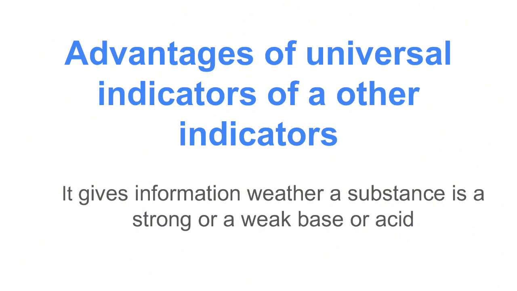You see, the solution will show a certain color when you put the universal indicator in it. So you are able to tell whether whatever you are checking is a strong acid, a strong base, a weak acid or a weak base, or is it neutral? So apart from stating that a substance is an acid or a base, it goes a step further into determining whether it's a strong acid or a strong base.